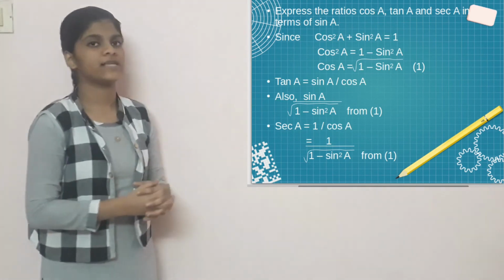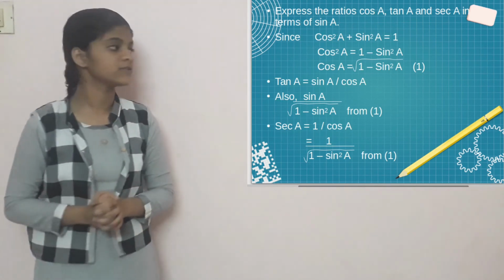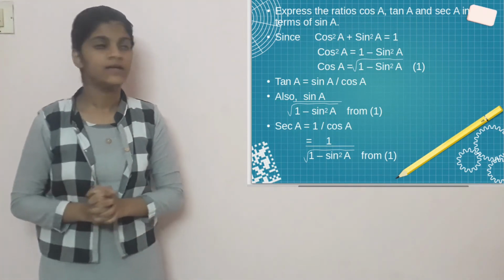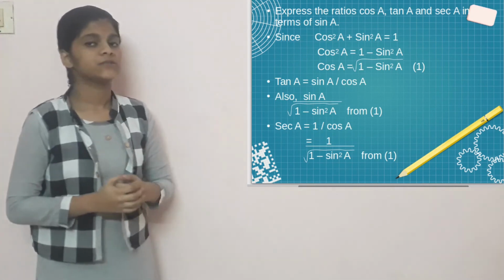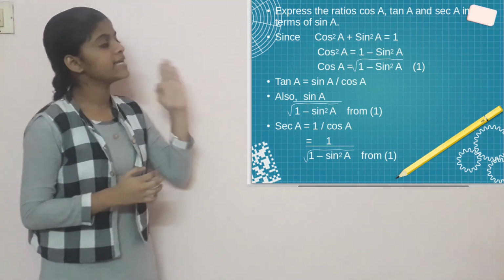So instead of cos A, we are again writing it as root of 1 minus sin square A, as proved above. So here we expressed cos A, tan A and sec A in terms of sin A with the help of the trigonometric identities.